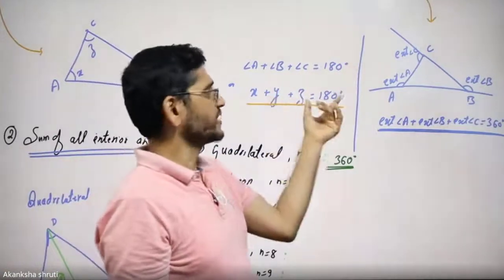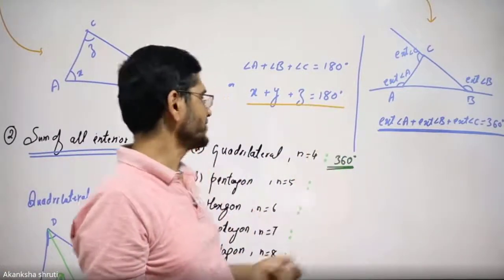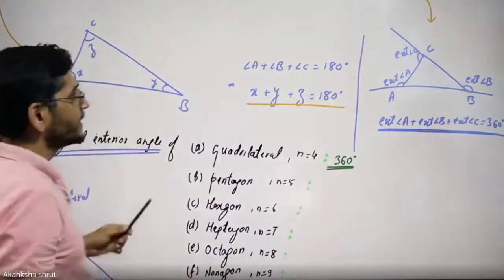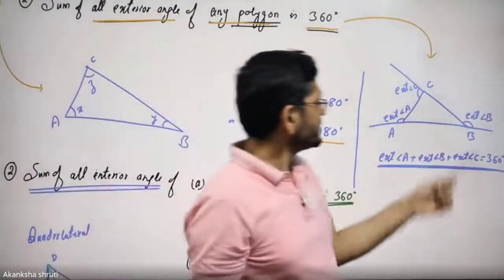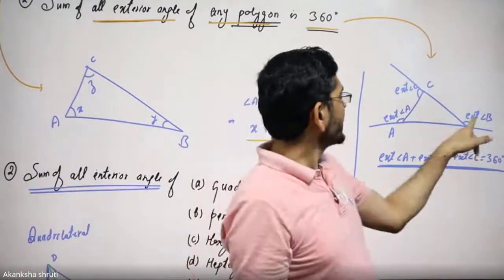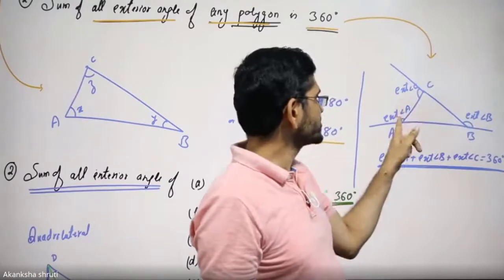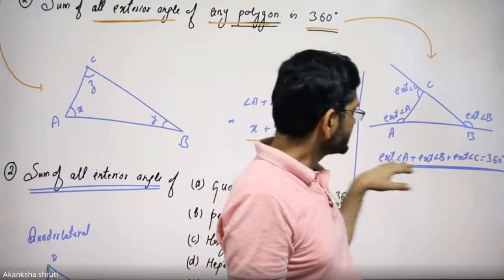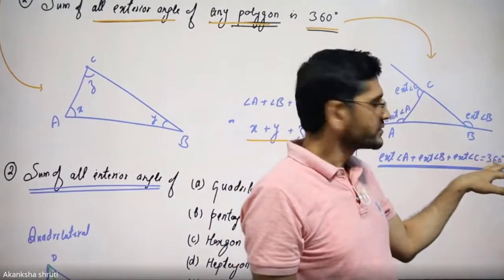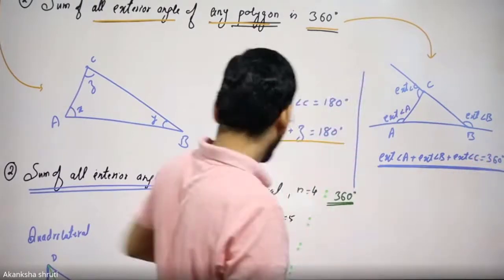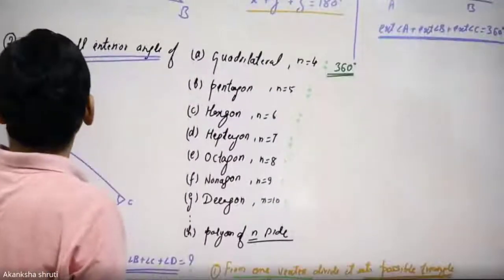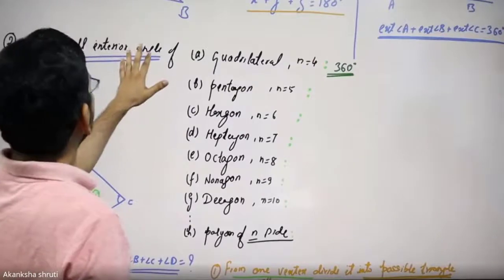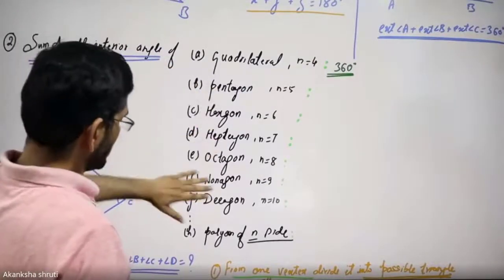So X plus Y plus Z is 180. Okay, students? It is like this. If we consider the external angles, exterior angle B plus exterior angle C plus exterior angle A will give us 360. Keep in mind. Students, the same is also applicable for the quadrilateral, pentagon, hexagon, all these things.